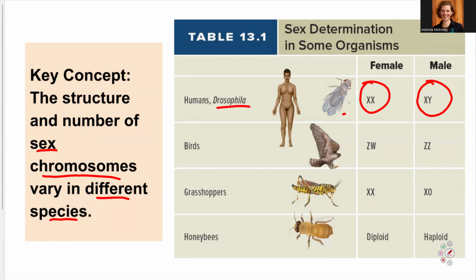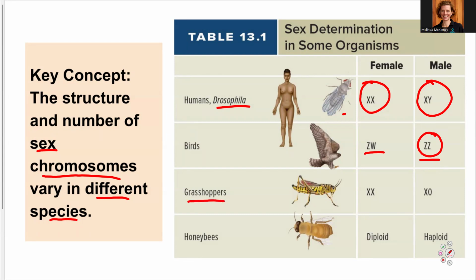However, in birds, we have the opposite case. So it's the male that has this homologous pair, 2 of the same type of sex chromosome. And then it's the female that has the heterozygous pair, so 2 that are different in terms of the overall pairing of the sex chromosome.